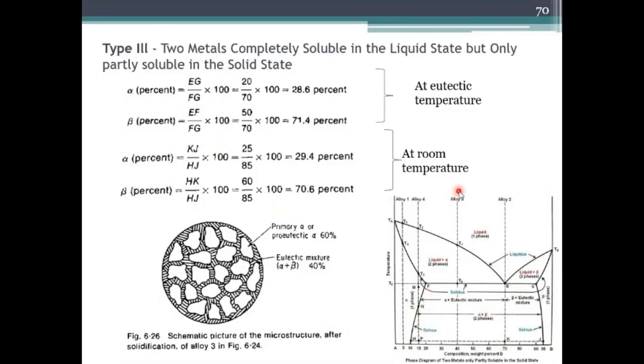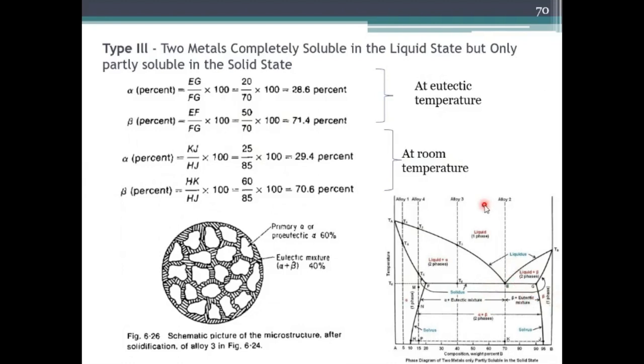If you take alpha as 20%, then 20 divided by 70 is the alpha percent. EF will be 71.4, KJ will be 29.4, then HK will be 70.6 percent.